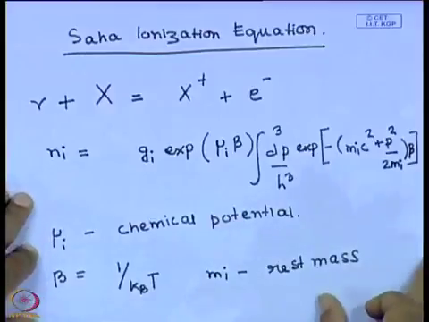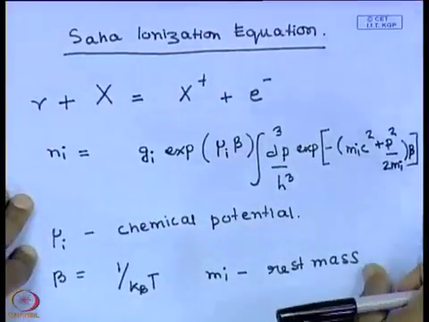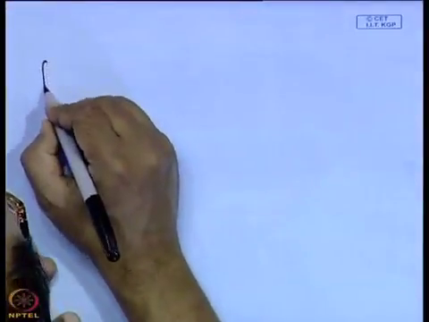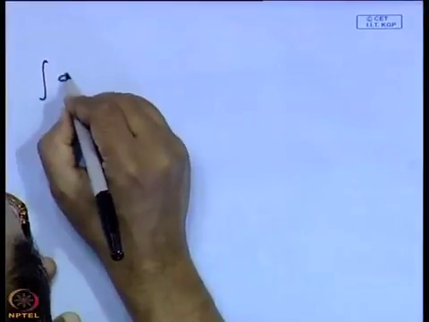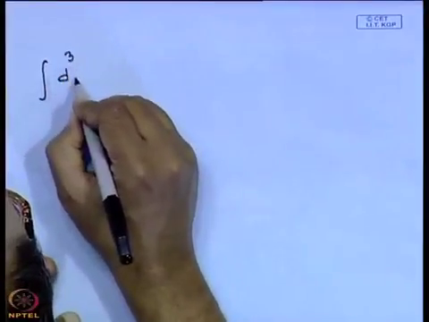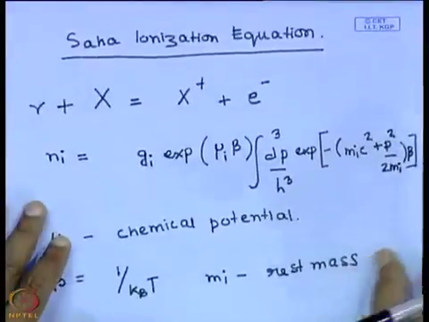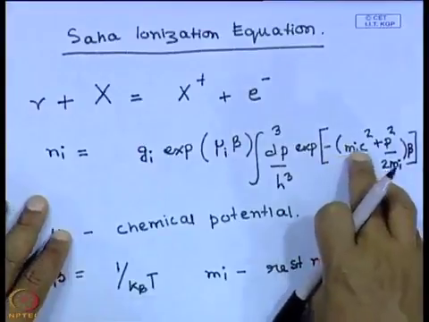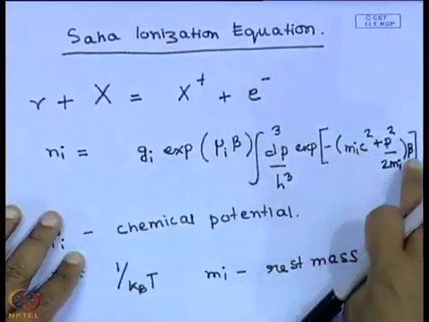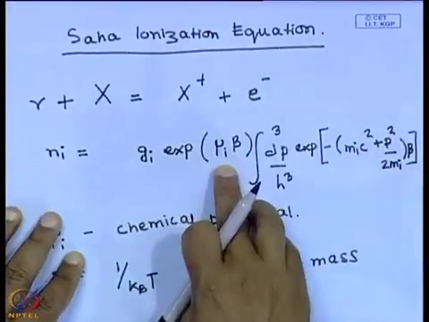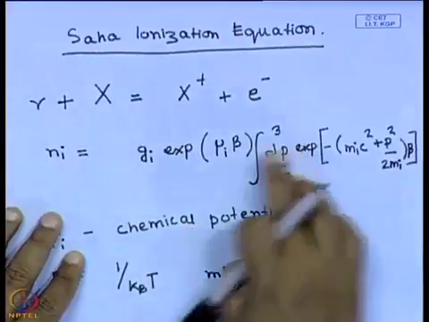right. And we also know that this integral d cube p, e to the power minus m c square into beta is a constant that comes out. Okay, that comes outside the integral.